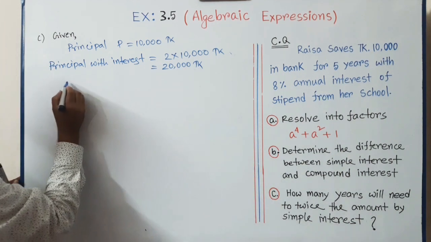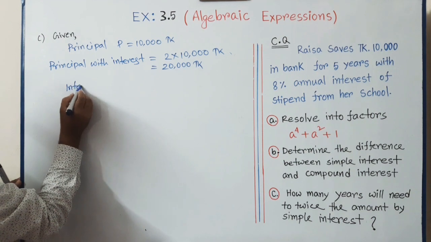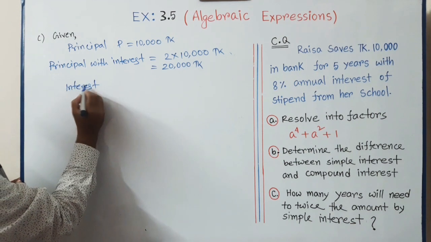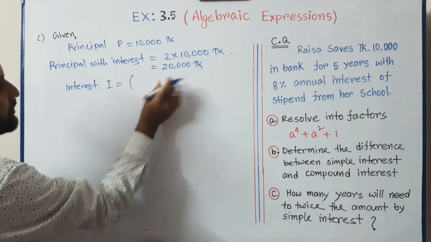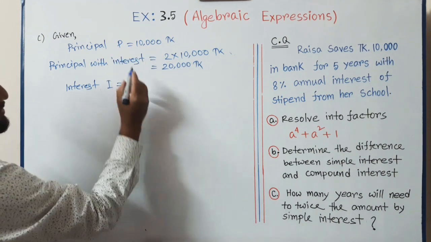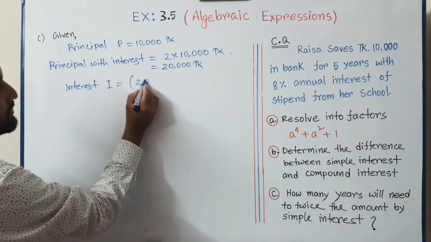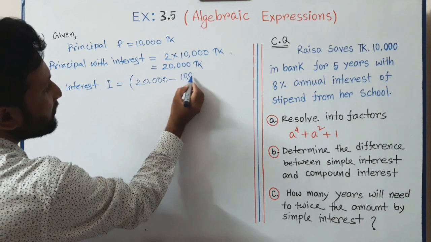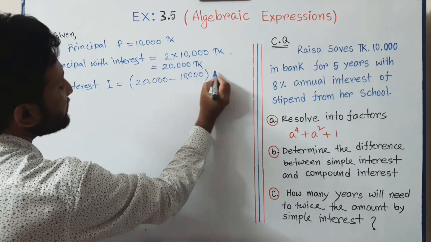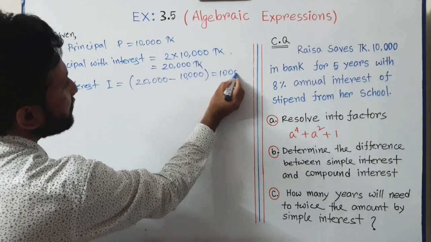So we can identify only interest. Interest I will be interest with principal minus principal. So interest with principal 20,000 taka and then minus principal 10,000 taka. That means interest only 10,000 taka.